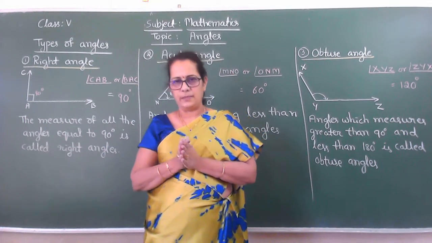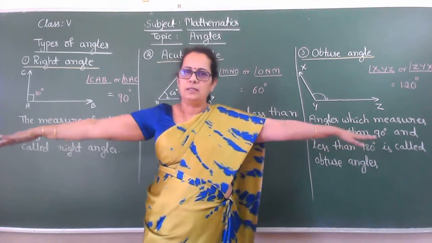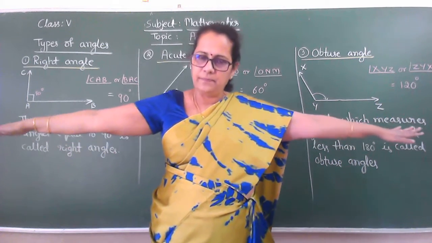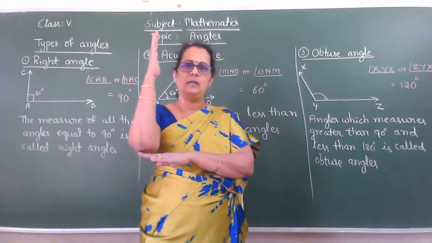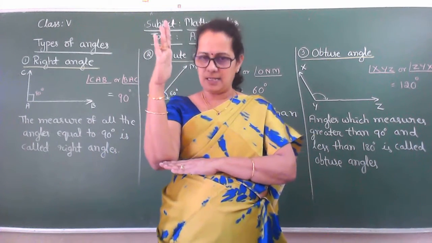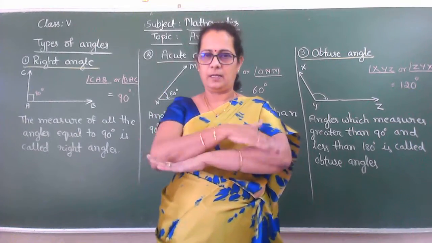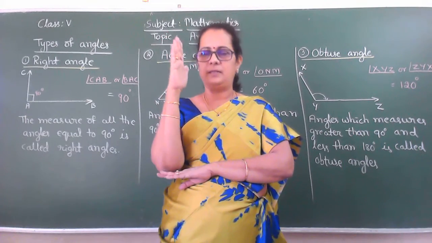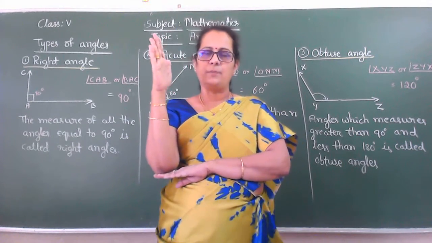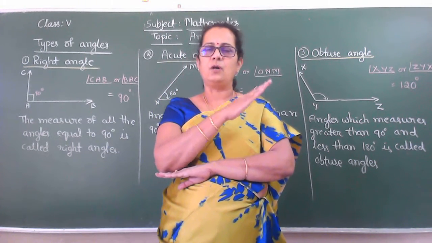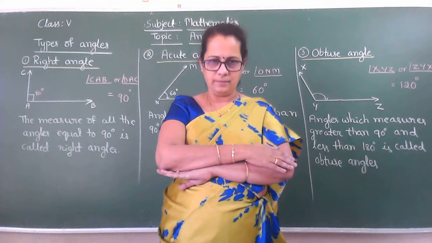See, very simple, children. Straight angle, this is 180 degree. Then this one is 90 degree, exactly perpendicular, it is a right angle. Suppose it is less than 90 degree, all this is acute angle.